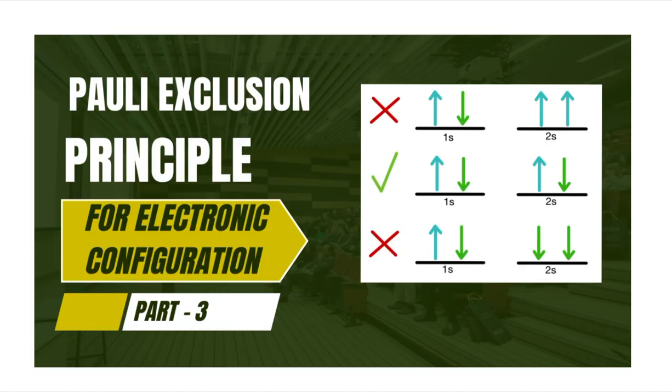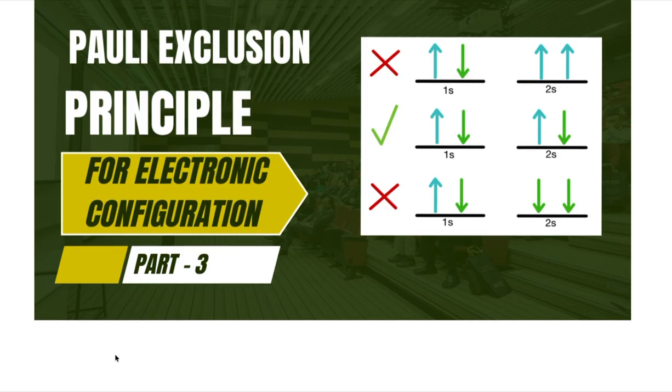Alright, so let's begin with the Pauli exclusion principle. Before that, if you can recall, I told you that the quantum numbers are basically the address of any electron in any atom. Now what does the Pauli exclusion principle say?